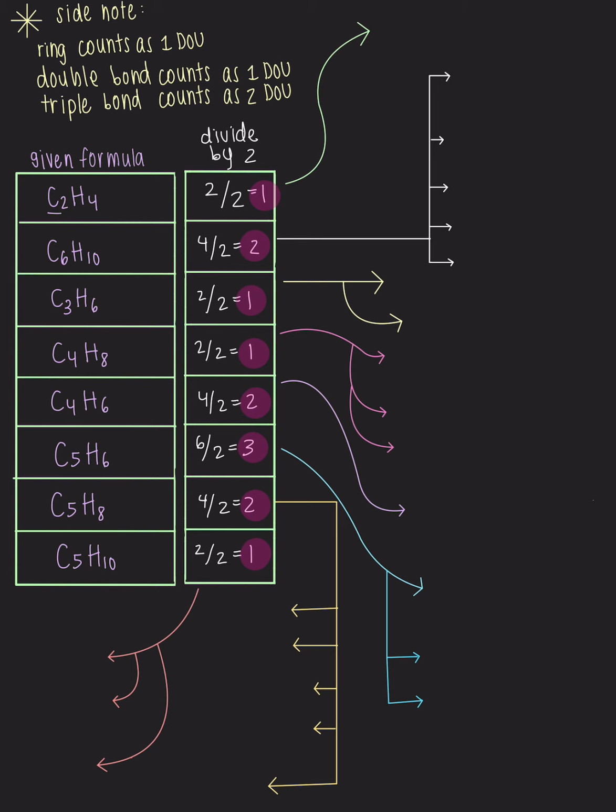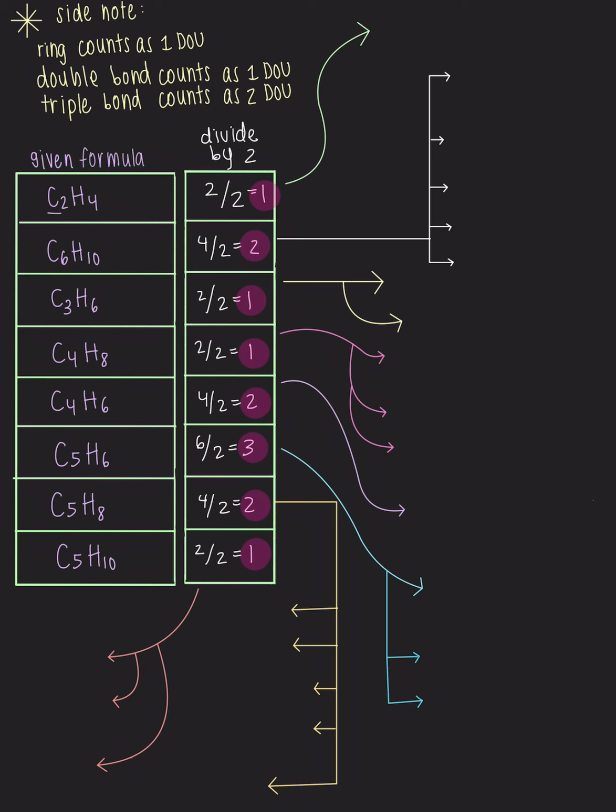But for the other ones that have more carbons, like 3, 4, 5, 6 carbons, you can have many different structures. So don't get discouraged if it's not exactly the same as someone else's, but do make sure that you are following the rule: a ring being 1, a double bond being 1, and a triple bond being 2. For clarification, an alkene is 1 and an alkyne is 2.